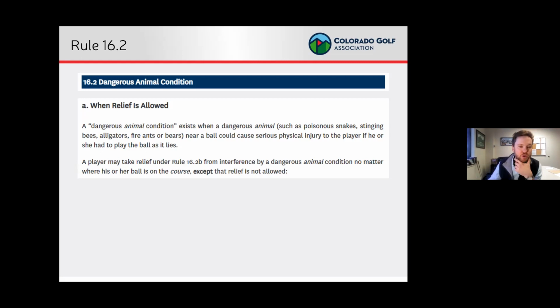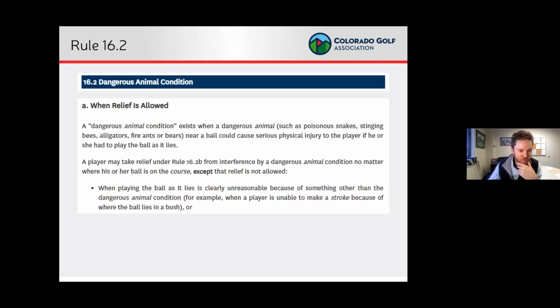So in playing a hole here, it says relief is not allowed when playing the ball as it lies is clearly unreasonable because of something other than the dangerous animal condition, such as when a player is unable to make a stroke because of where the ball lies in a bush. So again, using our example from earlier, if your ball is in a root system and you have no chance of playing it, but it's right below a beehive, you don't get out of jail and say, oh, there's a beehive, I can't play that ball.